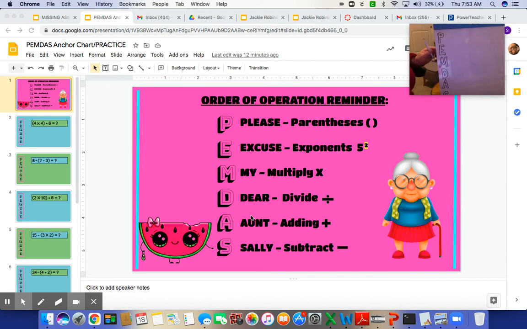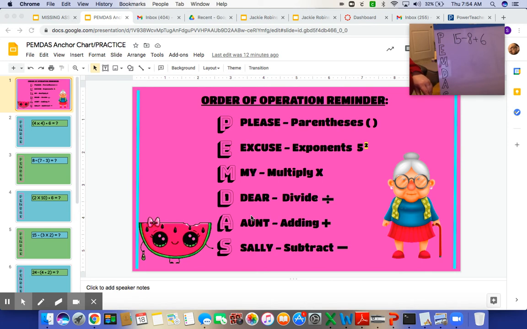All right, and the last one I'm going to do with you is 15 minus 8 plus 6. Now, when you have only addition and subtraction, you're just going to work from left to right. So I know in this saying, we have Aunt Sally, but really those two can kind of work together.